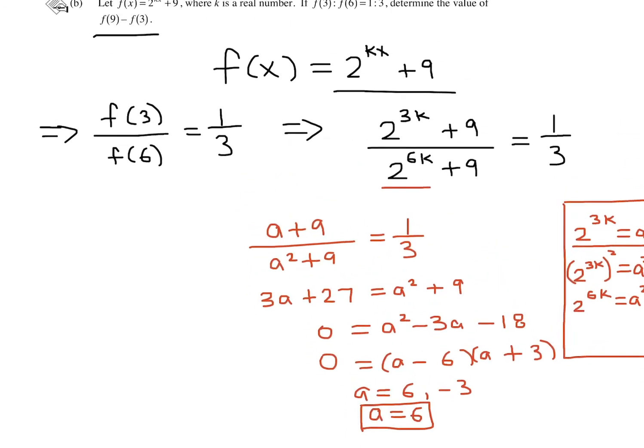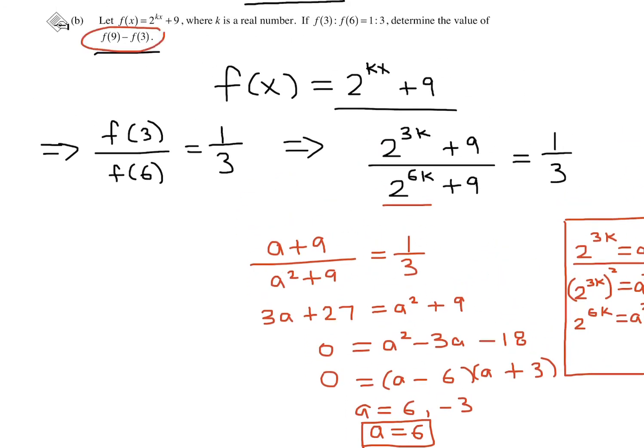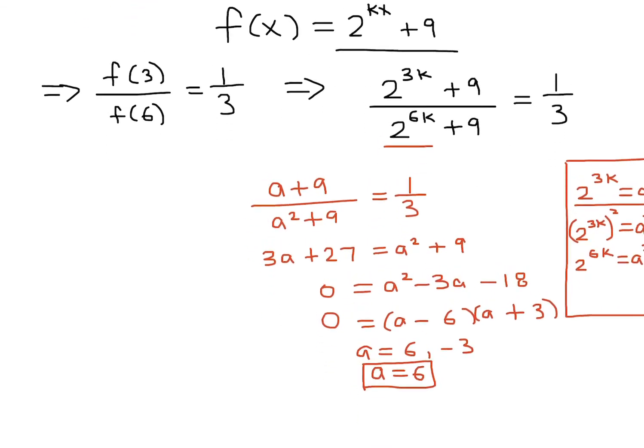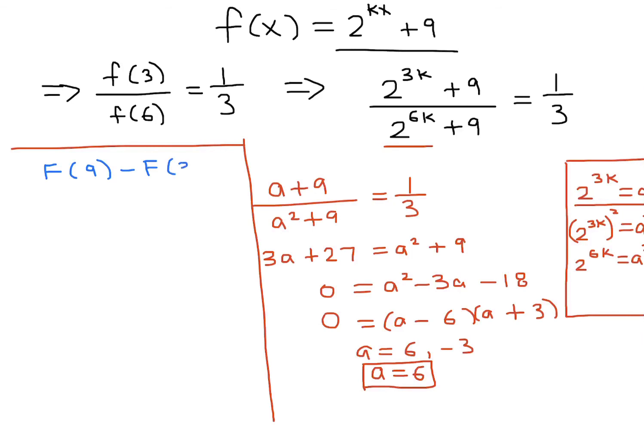All right, now they want you to find f at 9 minus f at 3. Okay, let's do that over here. f at 9 minus f at 3. Okay, f at 9, according to this formula right here, would be 2 to the power of 9k plus 9.